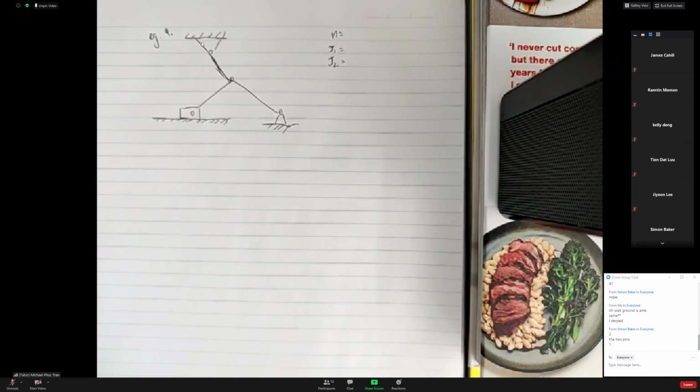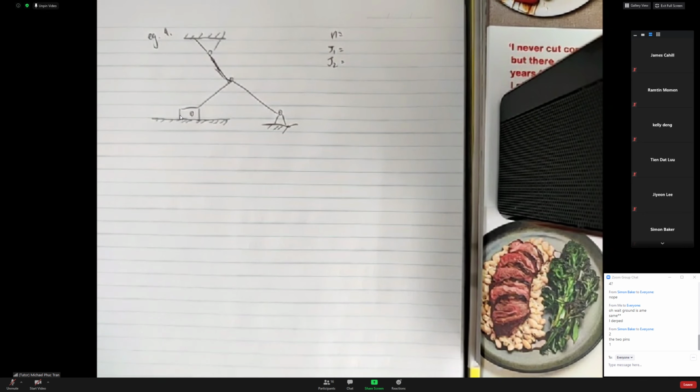Okay. What do you guys reckon? Just have a look at this question here. Do you think it'll move or not? If these are solid bodies, let's say they're solid lengths and they can't extend. How many total bodies do you reckon we have?